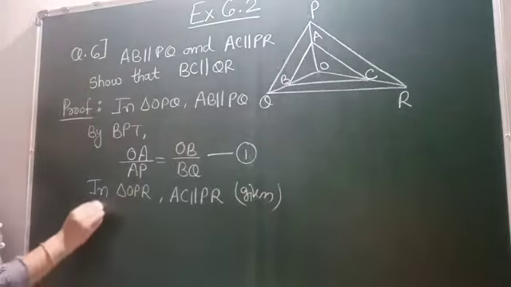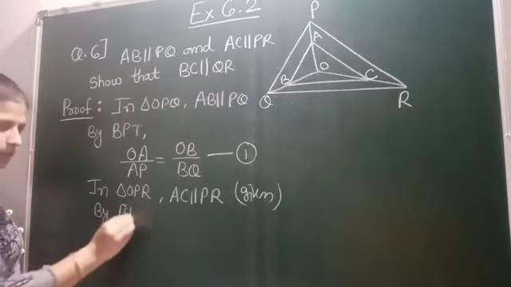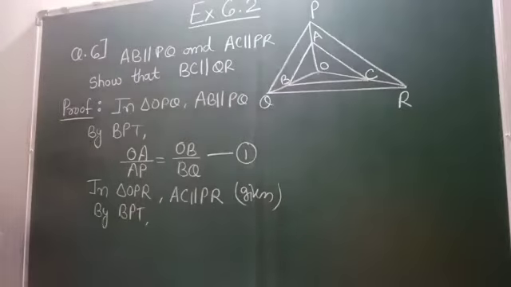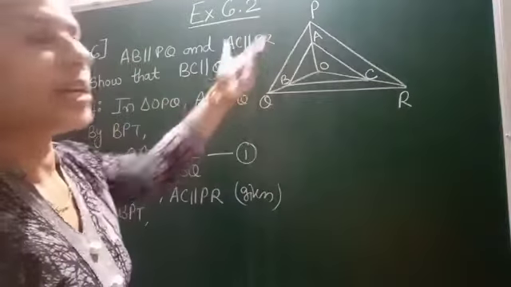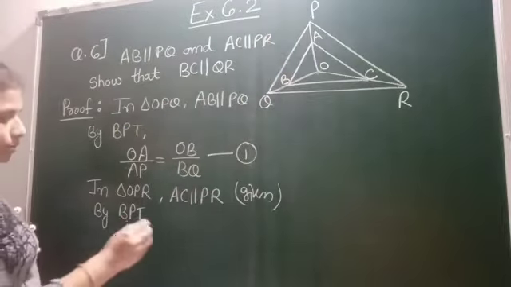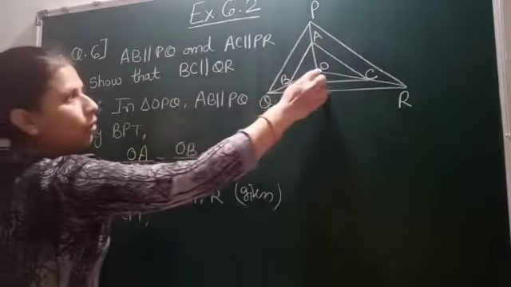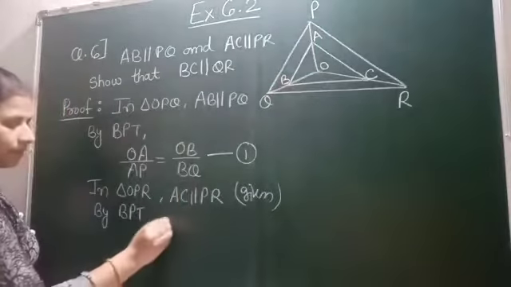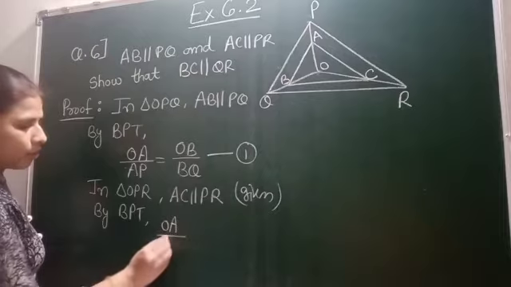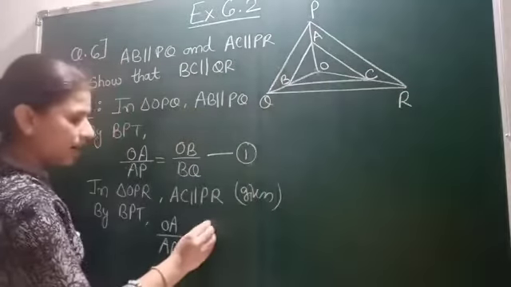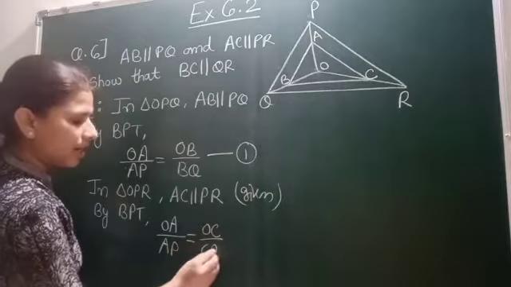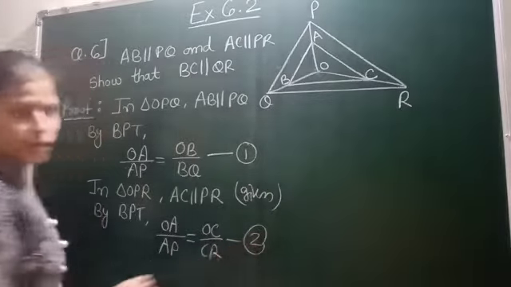So again we will apply basic proportionality theorem. According to this theorem, this line AC will divide other two sides in equal ratios. So what we will get? We will get OA upon AP equals to OC upon CR. This one is our equation number 2.